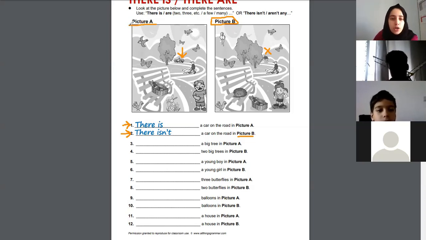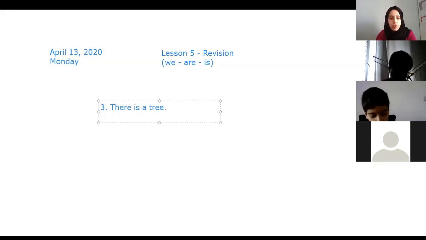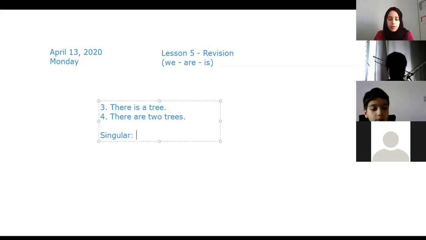So we will say 3. There is a tree. 4. There are 2 trees. So notice, for singular, we say is.